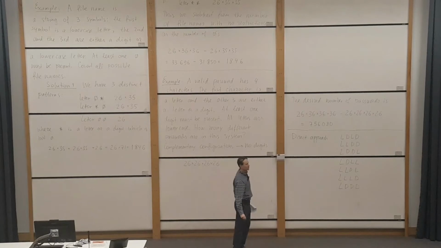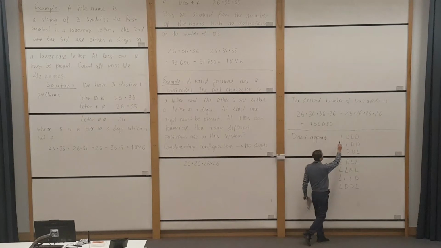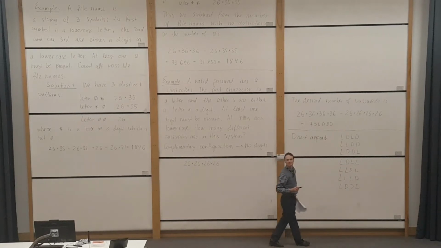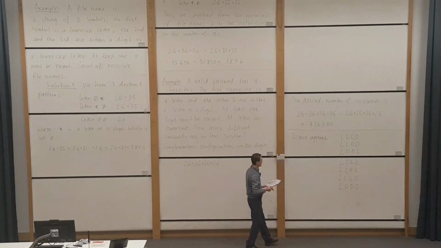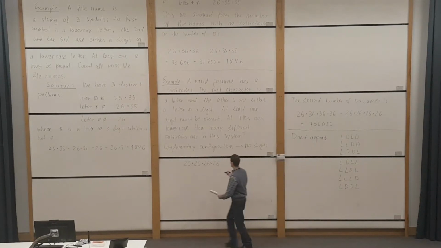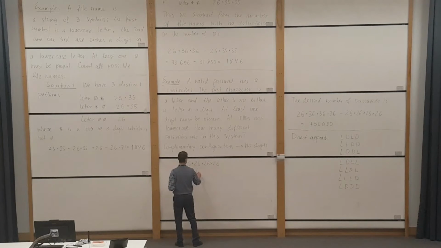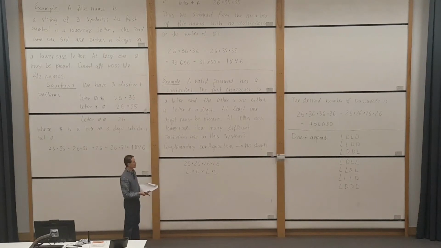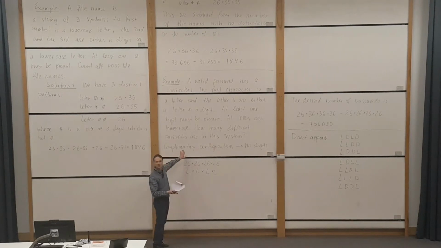So these are all the patterns. Please correct this. L stands for letter, D for digit. So what is missing here is 4 L's, and that was exactly the complementary configuration which we did count in the first method.